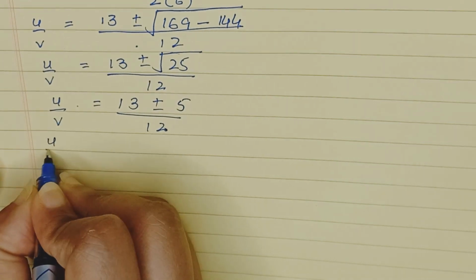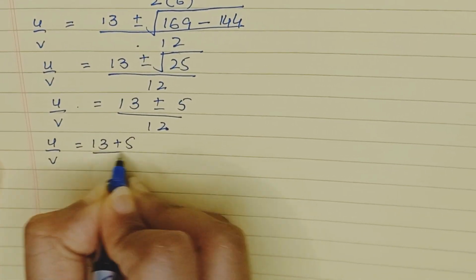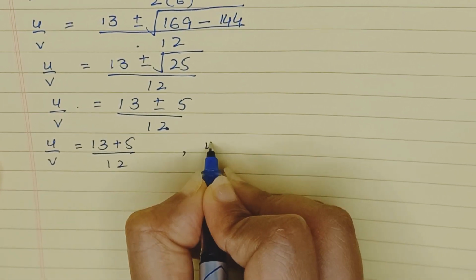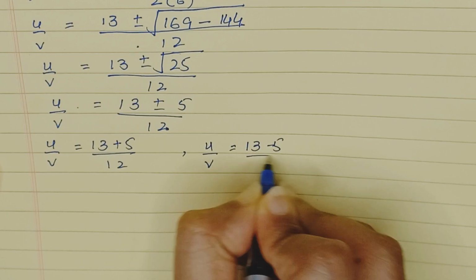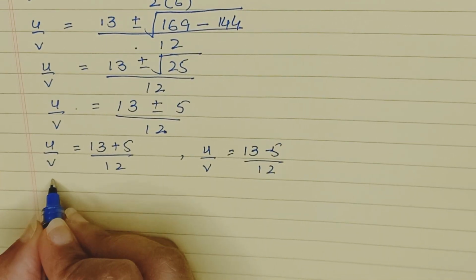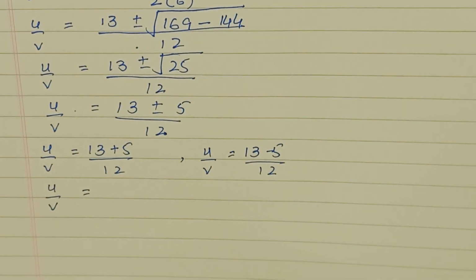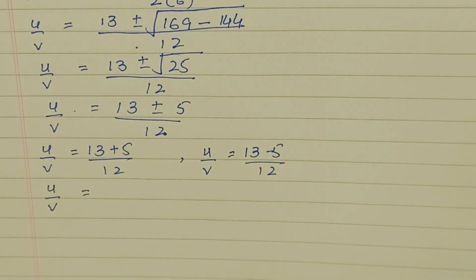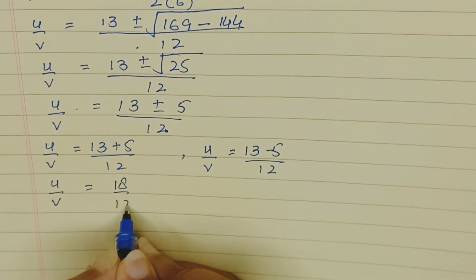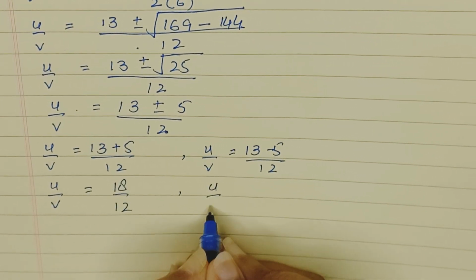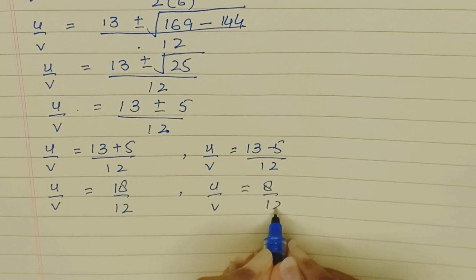So u divided by v is equal to 13 plus 5 divided by 12, and u divided by v is equal to 13 minus 5 divided by 12. So u divided by v is equal to 13 plus 5, which is 18, divided by 12, and from here u divided by v is equal to 8 divided by 12.